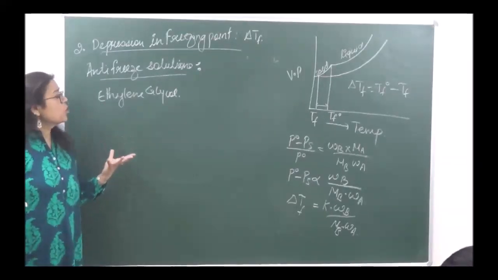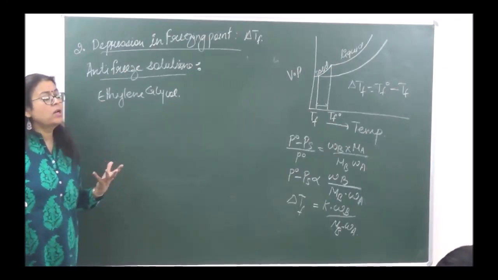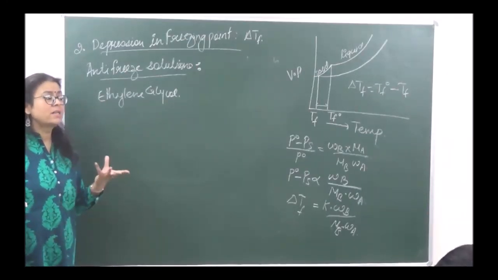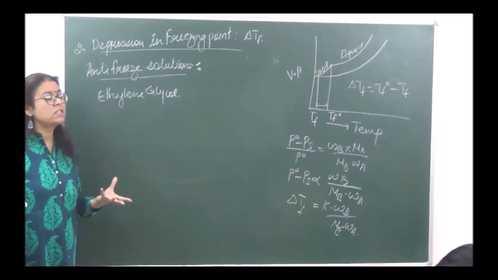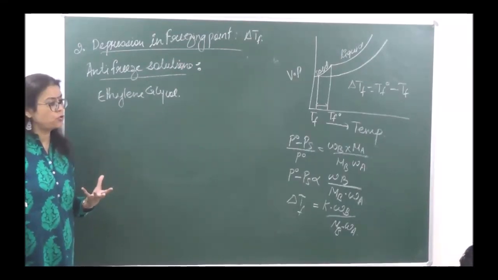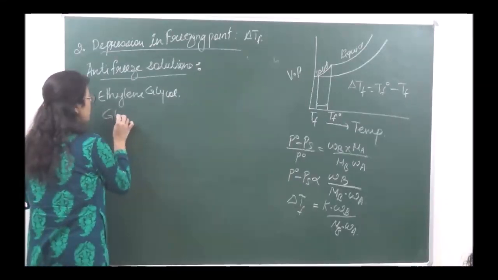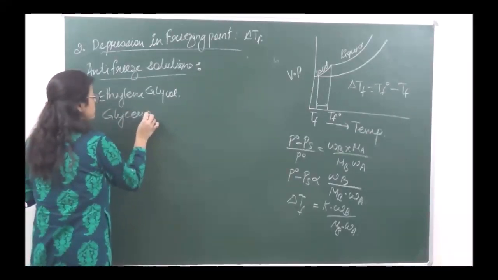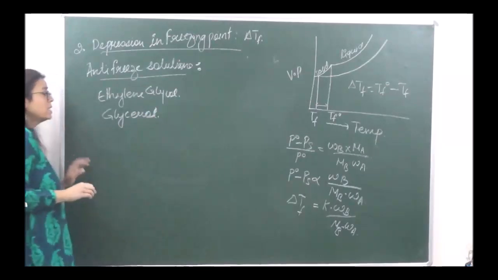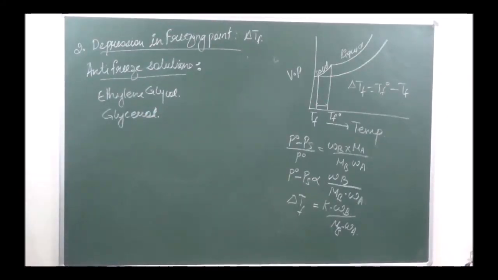By increasing the concentration of ethylene glycol, we can get the desired freezing point of that particular solution. Another antifreeze solution which we can use is glycerol. So glycerol can also be used as an antifreeze solution.